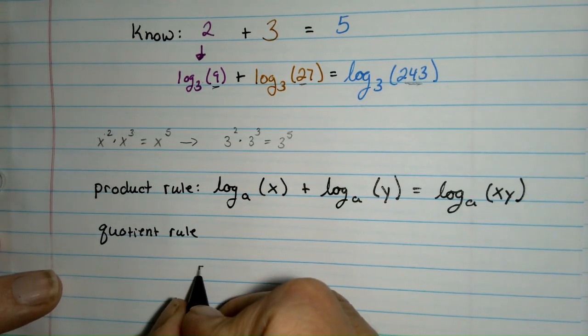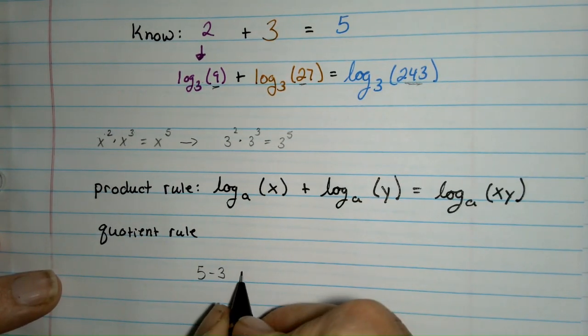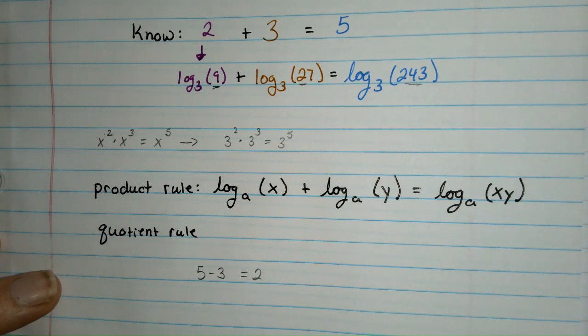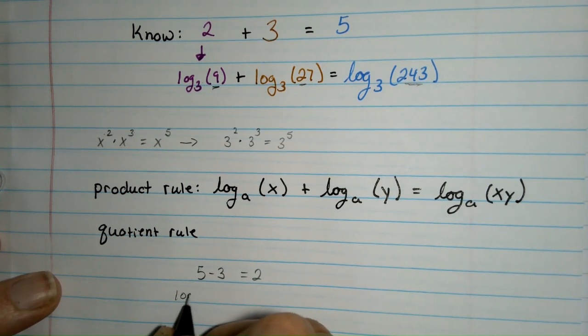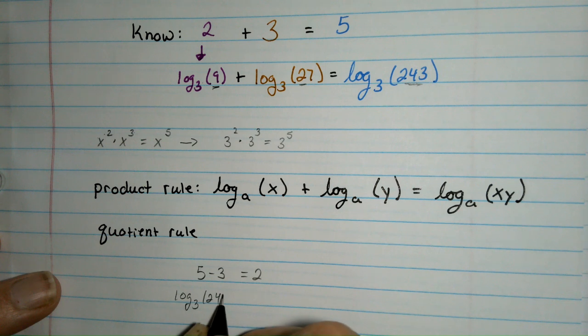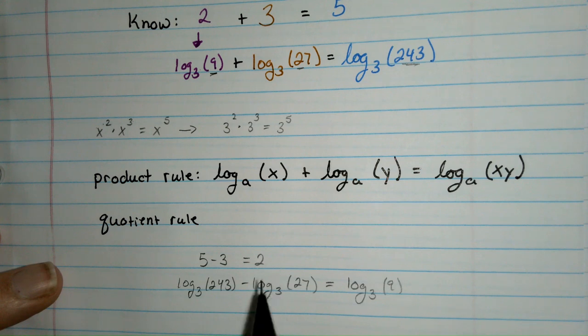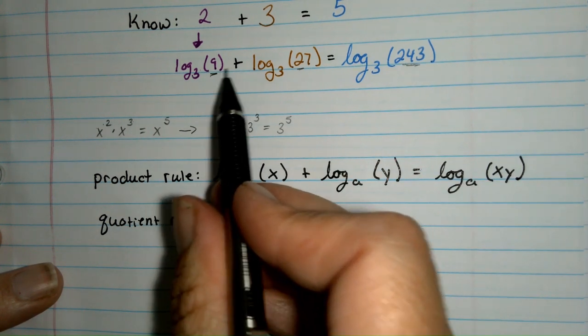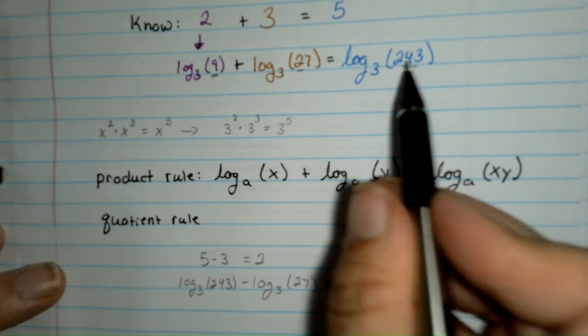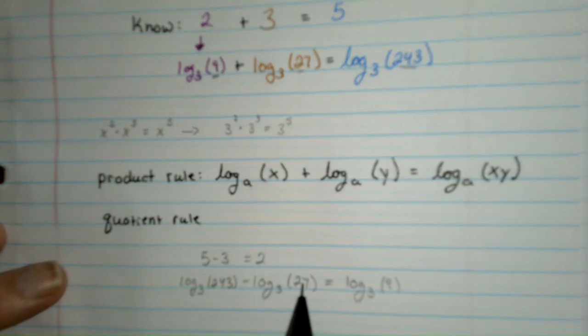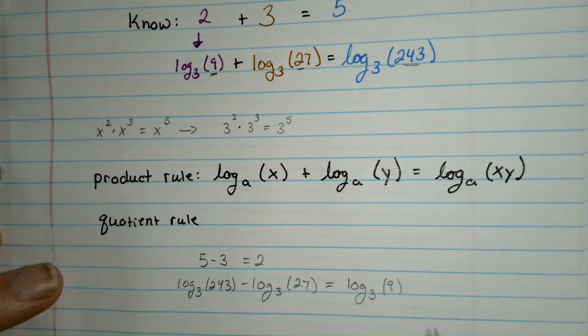So we know that 5 minus 3 equals 2. So that would give us log base 3 of 243 minus log base 3 of 27 equals log base 3 of 9. So now, before we had to do 9 times 27 to get 243. Now it's 243 divided by 27 gives you 9.